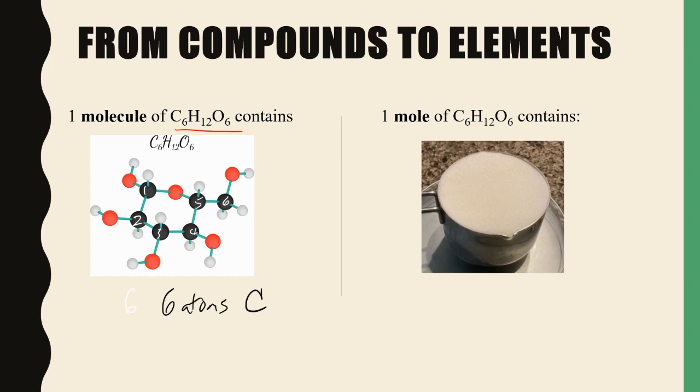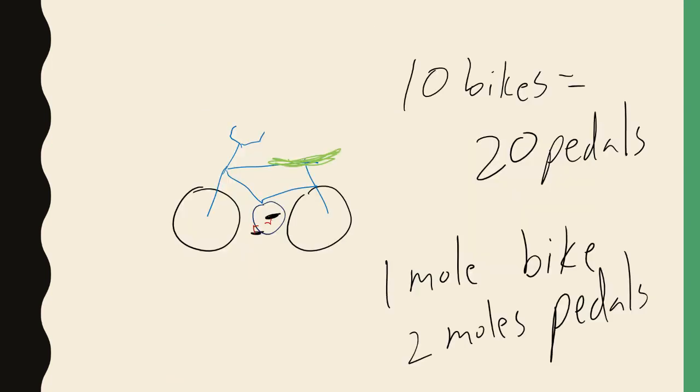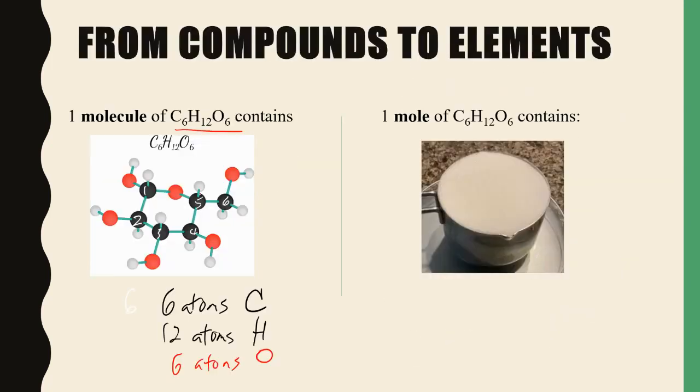And for every hydrogen, right, for every molecule of sugar, we have 12 hydrogens. So there's 12 atoms of hydrogen for every 1 molecule of sugar. And then there's also 6 atoms of oxygen for every 1 molecule of sugar. So just like with the pedals, right? The fact that every bike has 2 pedals and every molecule has 6 carbons, that's why this is true.